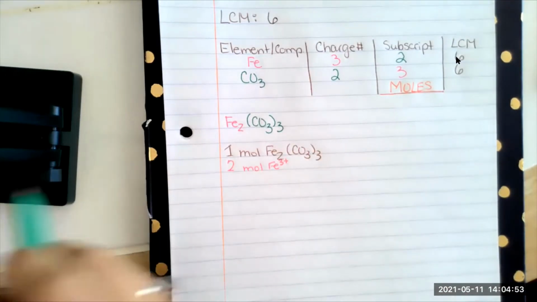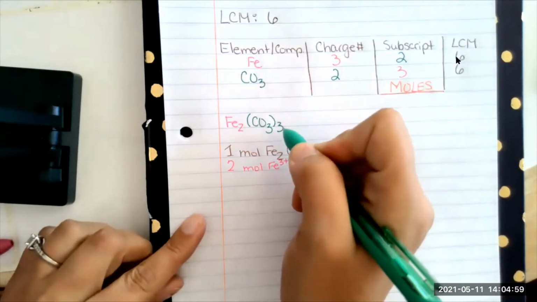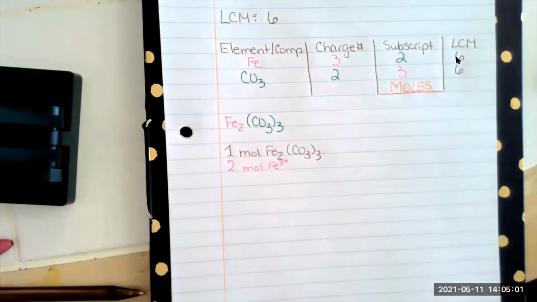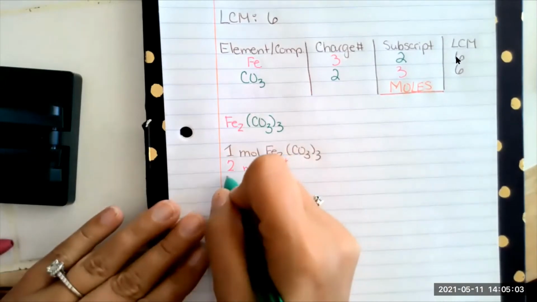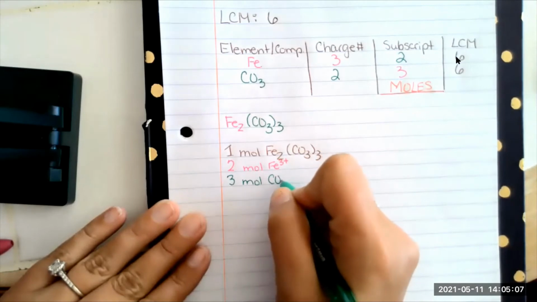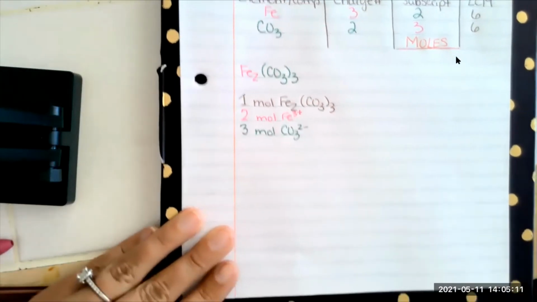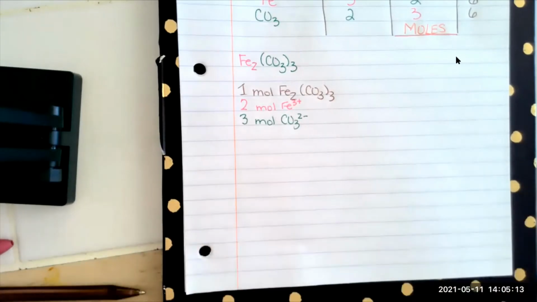And CO3 is in parentheses, which means I know I have more than one of them, and outside of that parentheses, I have a 3, so I have 3 moles of carbonate. So I have 3 mole CO3 2 minus. Now using this information, I go ahead and build my mole ratios.